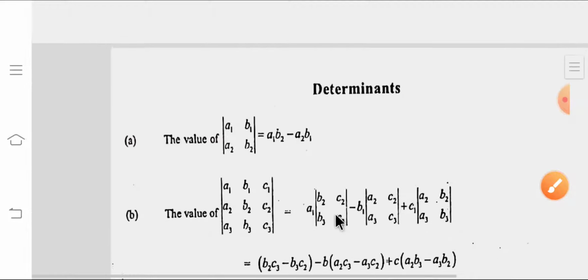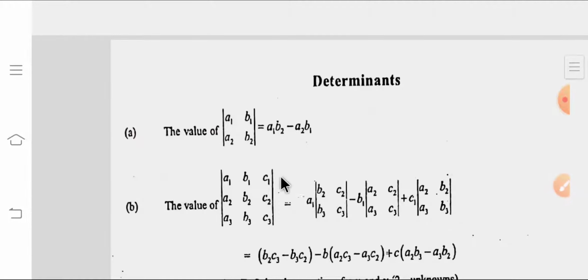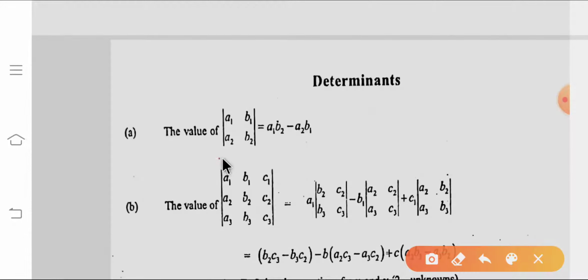Similarly, for a determinant of order 3, we expand it by either row or column. By row, the determinant signs are always considered as positive first, negative, and then positive. So for A1, we neglect that row and column. So the expansion is A1 into the determinant of B2 C2 B3 C3, expanding by the first row.